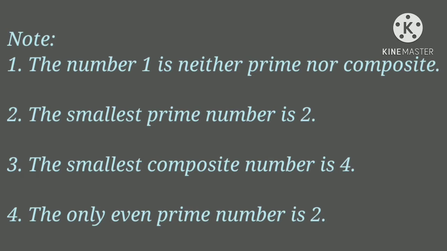Second note, the smallest prime number is 2. Third note, the smallest composite number is 4. Fourth note, the only even prime number is 2. All the other prime numbers are odd.